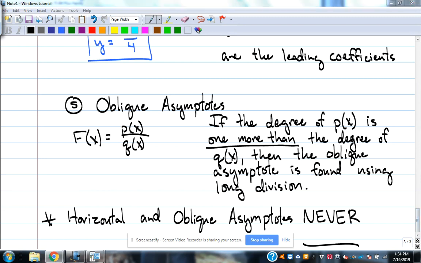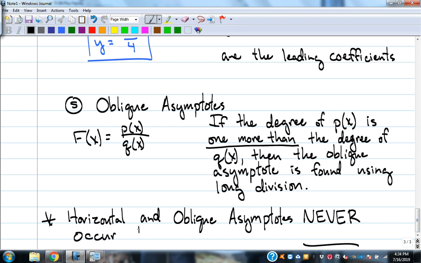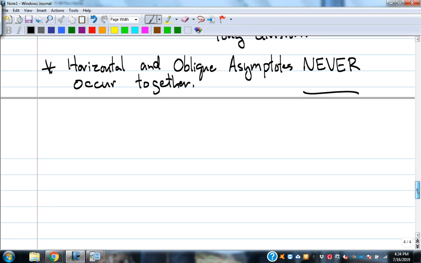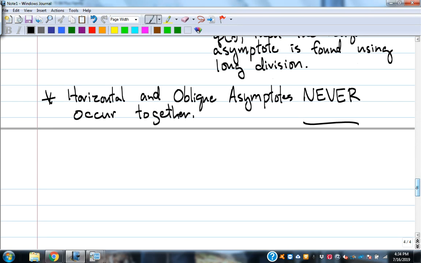Never occur together. Okay. Oblique and horizontals never, ever occur together.